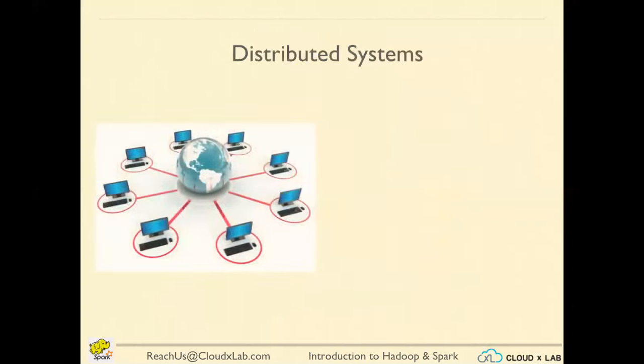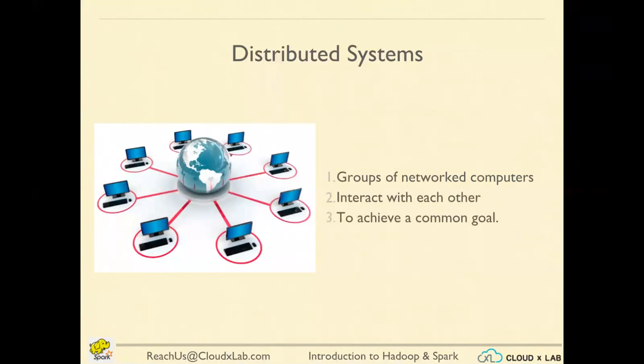So now the next definition that we will talk about is distributed computing. What is meant by distributed computing? Distributed computing is groups of networked computers that interact with each other to achieve a common goal.